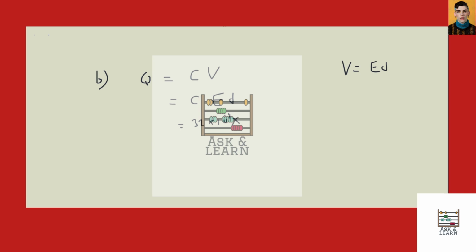Electric field is 15 times 10 power 6, which is the maximum electric field due to dielectric strength, and the D is again 0.03 times 10 power negative 3. If you calculate this, you will get 14 microcoulomb. Micro means 10 power negative 6.